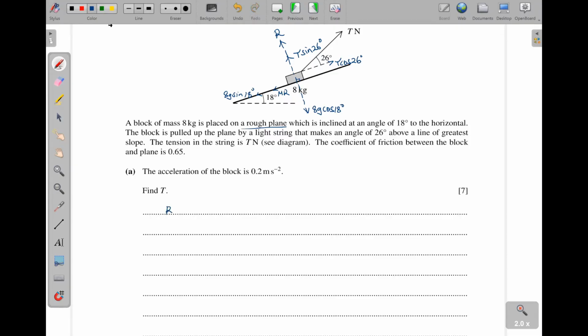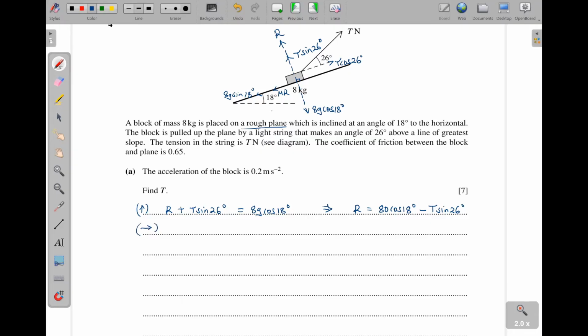So R plus T sine of 26 is equal to 8g cos of 18 degrees. This simply means that R is going to be equal to 80 cos of 18 degrees minus T sine of 26 degrees.